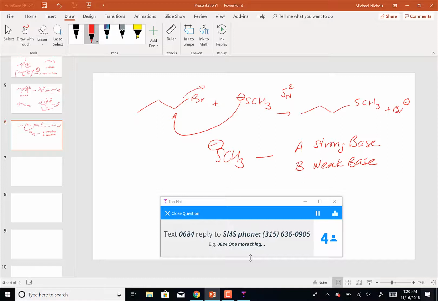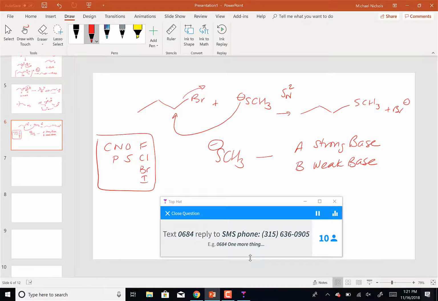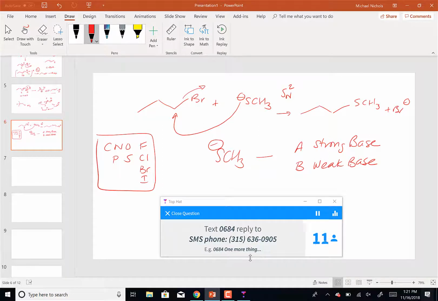Now you may have to think about other molecules to compare it to. And since it's sulfur, and our periodic table goes C, N, O, F, Cl, S, P, then bromine, iodine. So if we use this mini periodic table, that might be what you need to use in order to determine whether SCH3 minus is a strong base or weak base.